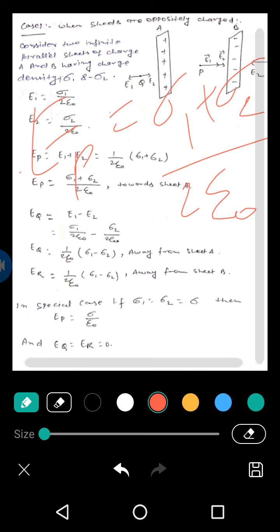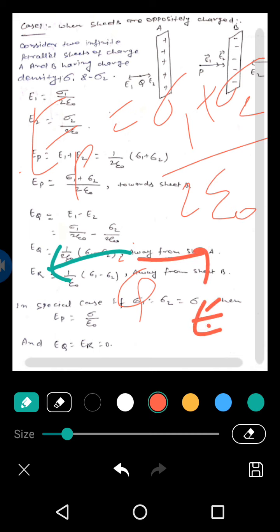Now at points Q and R, the electric fields due to the first sheet and the second sheet are in opposite directions. At point Q, the electric field due to the first sheet is towards the left side, and the electric field due to the second sheet is towards the right side.